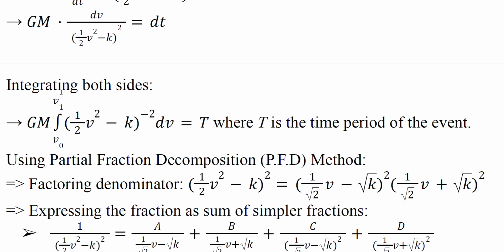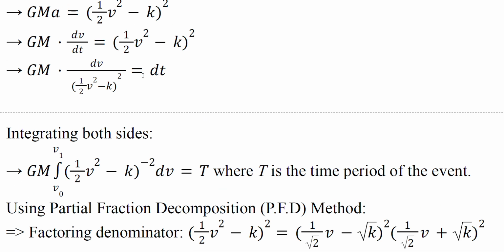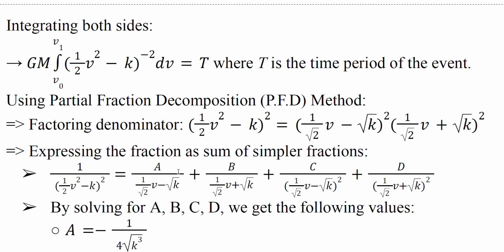Then this definite integral signifies that this value is equal to f of v1 minus f of v0. So now we're going to equate this to t, because if you integrate dt, you just get t, since we're basically doing the opposite of differentiation here. Capital T is the time period.